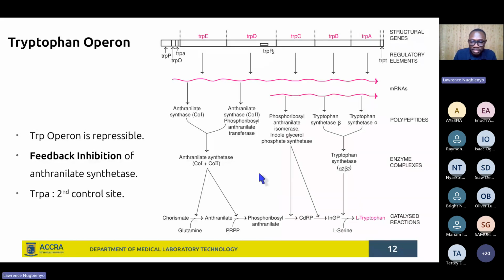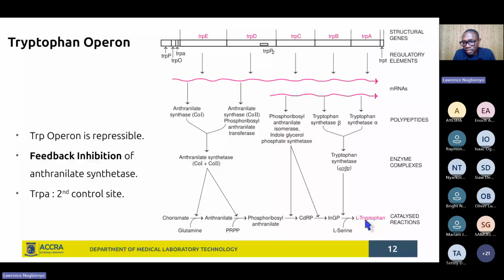So what we mean by that is that the product which is to come out of this whole process of expression of the gene, which is the process of transcription and translation, is tryptophan.